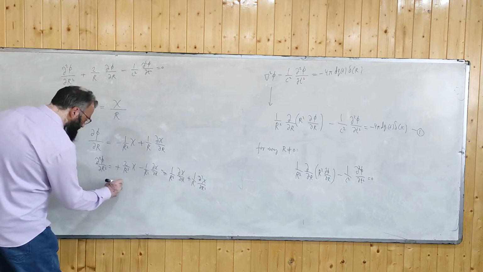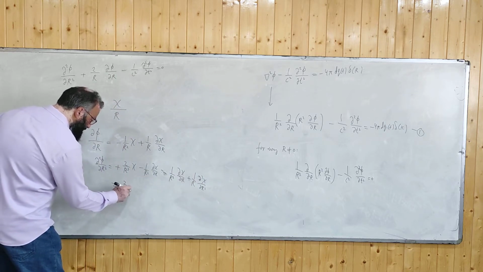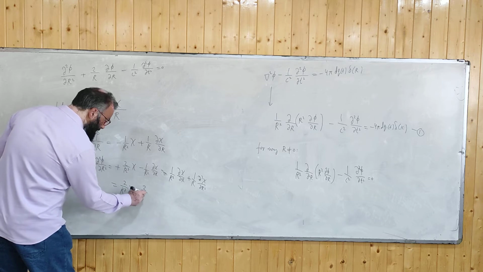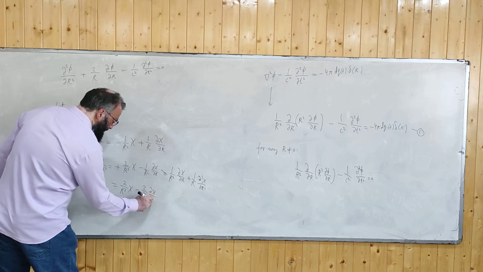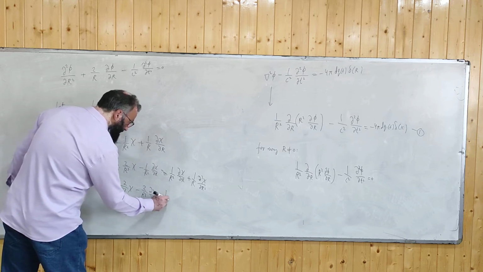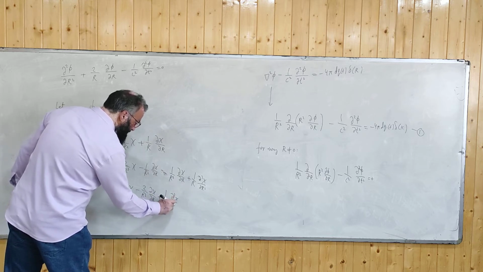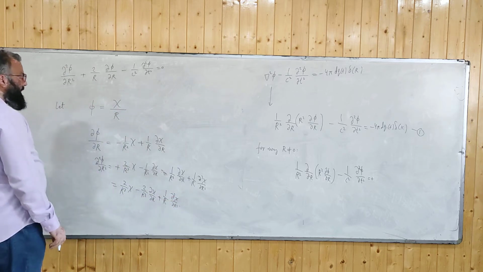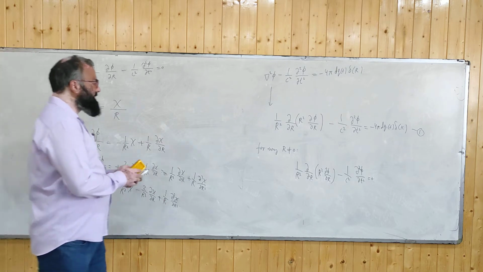So how much is that? So it is 2 by r cube chi minus 2 by r square partial chi by partial r plus 1 by r partial 2 chi by partial r2. Clear? So now let's substitute these things.